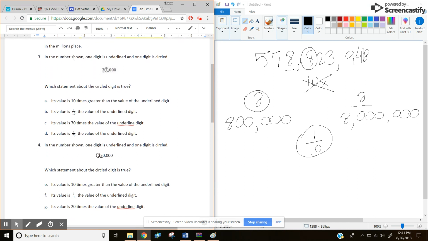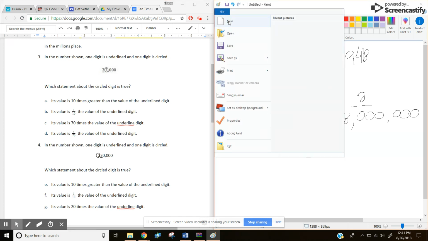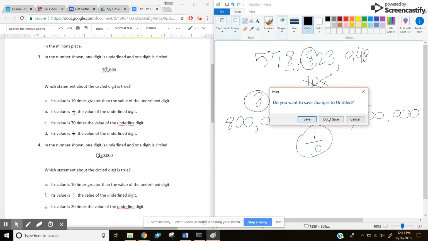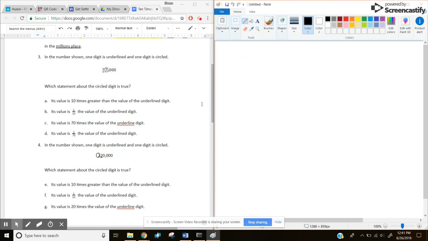Right, number 3. In the numbers shown, one digit is underlined and one digit is circled. Which statement about the circled digit is true? Okay, so this is a little bit similar to the previous 2 questions. But in this one, it doesn't tell us the place value.